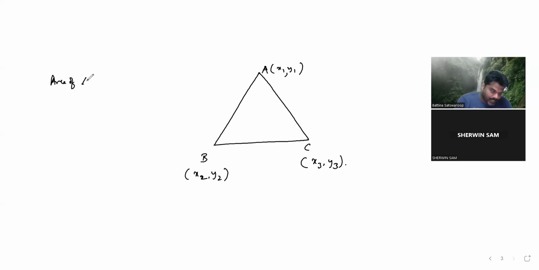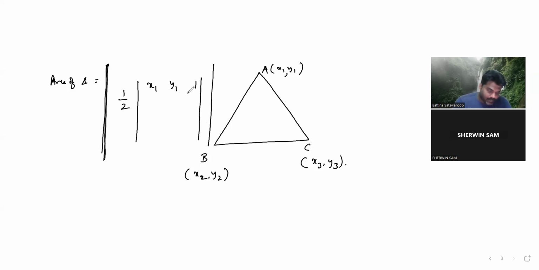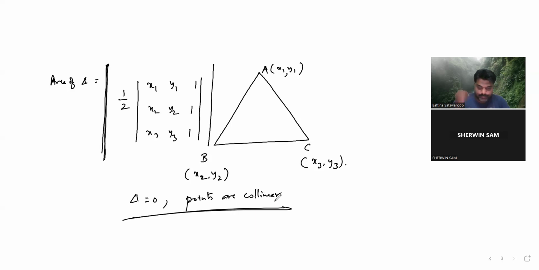The area of a triangle is given by the modulus, sir, not determinant, of half of the determinant with rows x1 y1 1, x2 y2 1, x3 y3 1. If the determinant is equal to 0, you already know the points are collinear. Am I right, sir? Yes, sir.